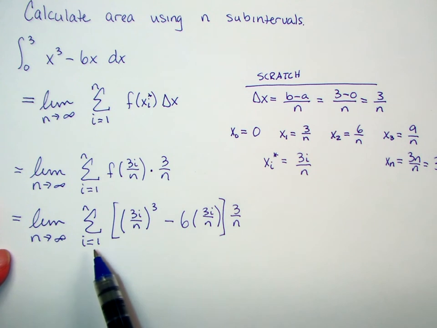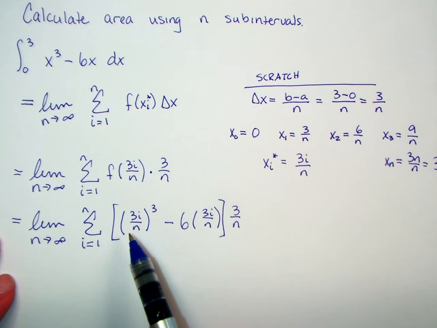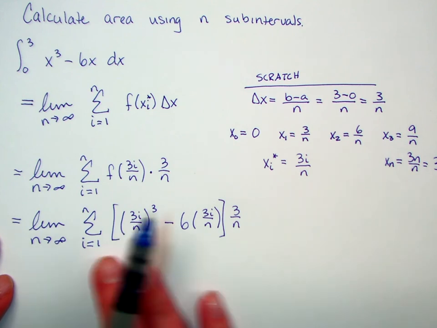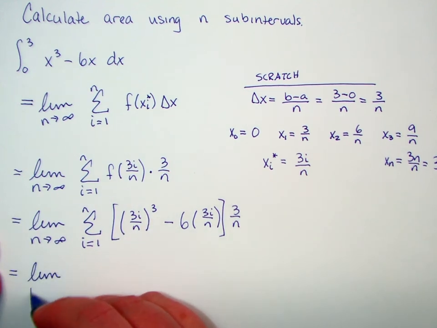So now we have this infinite sum, and we worked through how to calculate all those known sums, right? So what I like to do is I like to go ahead and cube this, distribute this, and also multiply the 3 over n through here. So I'm going to kind of clean this up, okay? Expand it out.